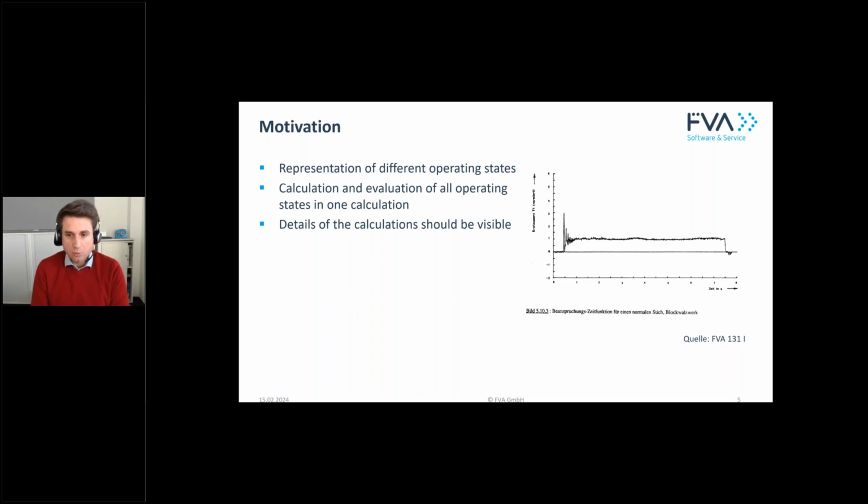In the past, the FVA-Workbench had the functionality of considering one steady state operating point as a default operating point. And with the new functionality, you're now able to include all the operating points. And all the details of the simulations are visible via our model snapshots.